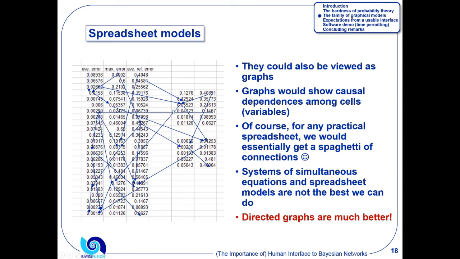We have a graph. Any practical spreadsheet, of course, would essentially get a spaghetti of connections, too difficult to work with. Systems of simultaneous equations and spreadsheets are not the best we can do. Directed graphs are much, much better.